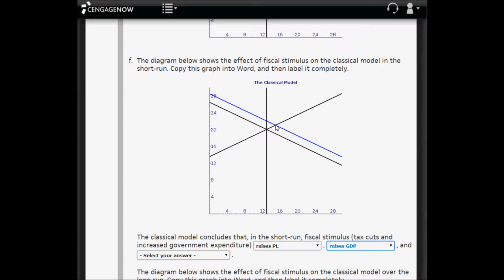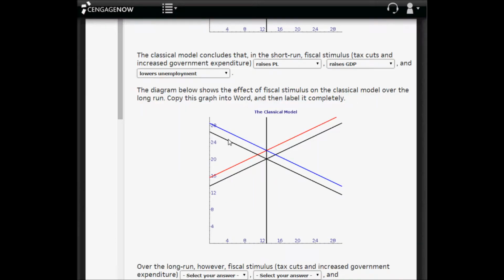Because unemployment equals the natural rate here, and unemployment is less than the natural rate here, the unemployment rate falls when tax cuts or more government expenditure are enacted by Congress and the President.